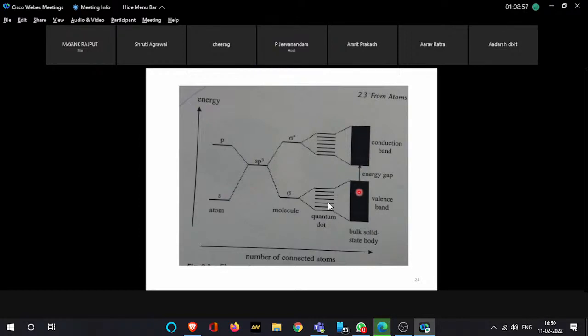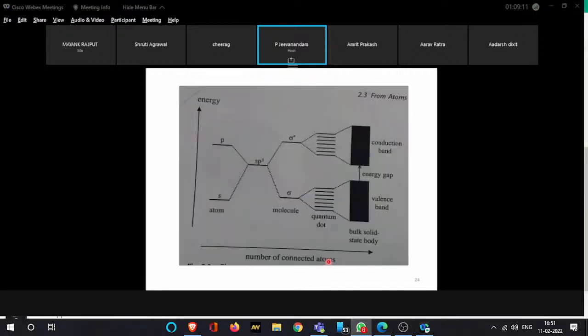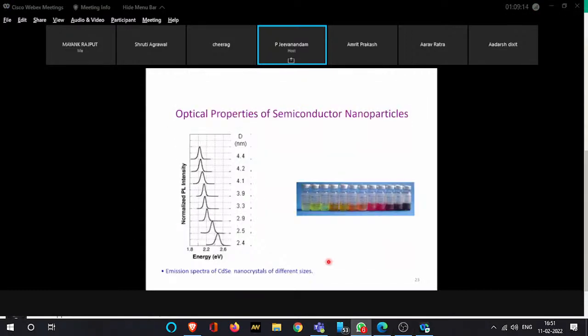The material is the same, but whatever theory you use for the bulk solid, you cannot use for your quantum dot. In a quantum dot, you have confinement of electrons and holes. For example, a semiconductor like cadmium selenide has electrons and holes. I hope all of you are familiar with this.